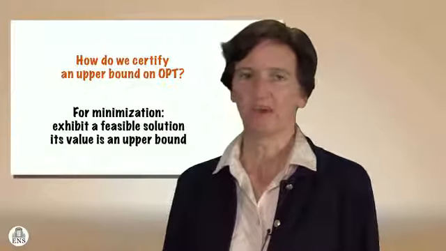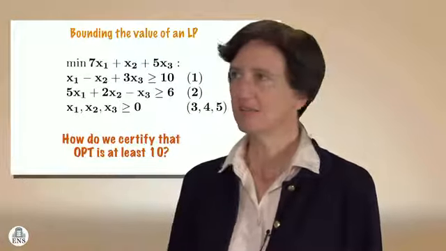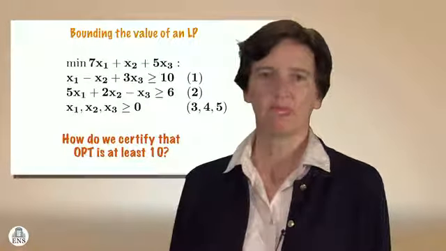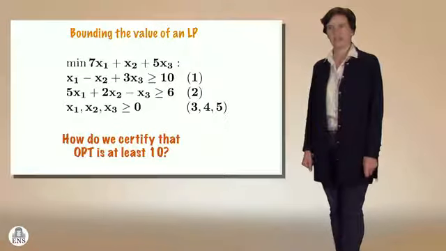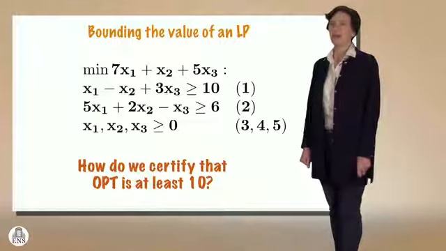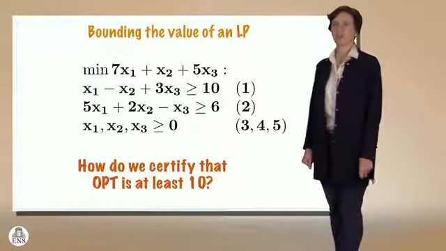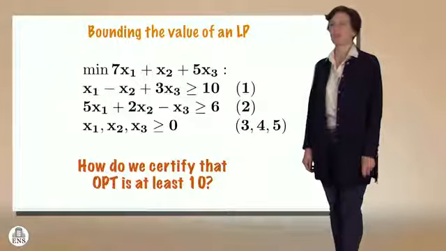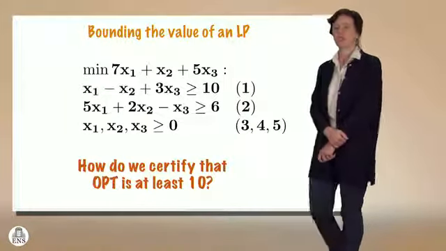Okay, now lower bound. Let's take the same linear program. How do we certify that opt is at least 10? How do we certify that the minimum over all feasible x's of 7x1 plus x2 plus 5x3 is at least 10? This looks more challenging.